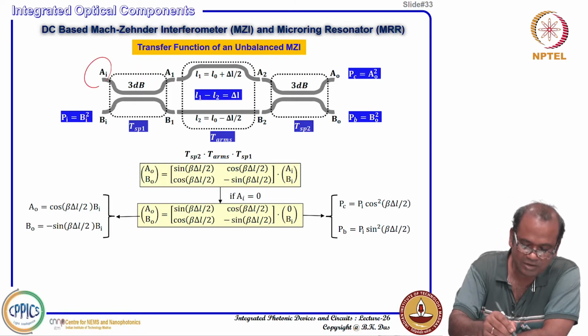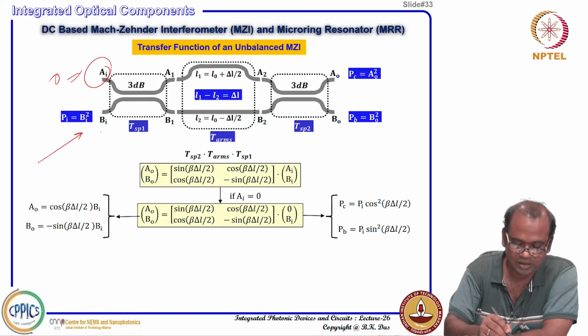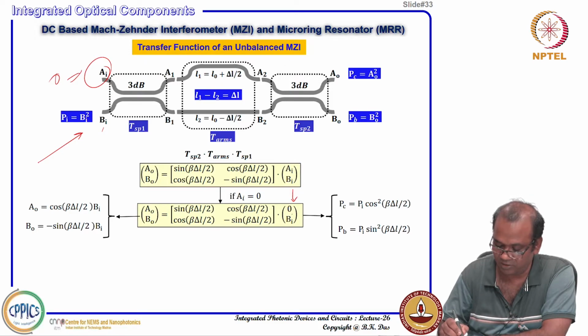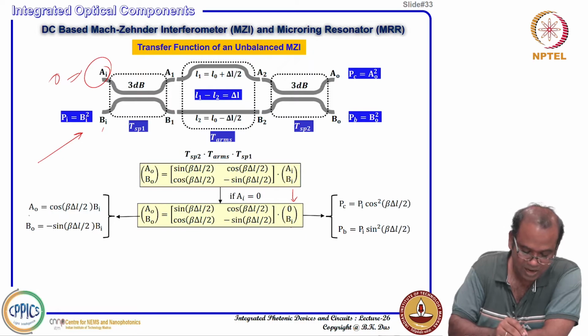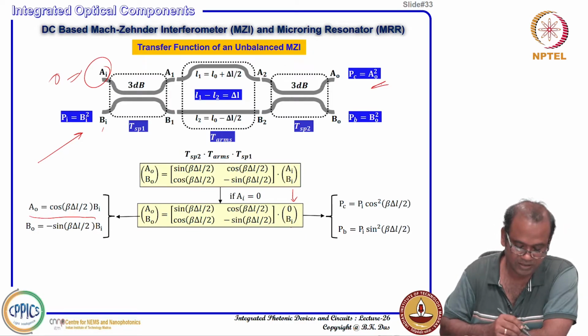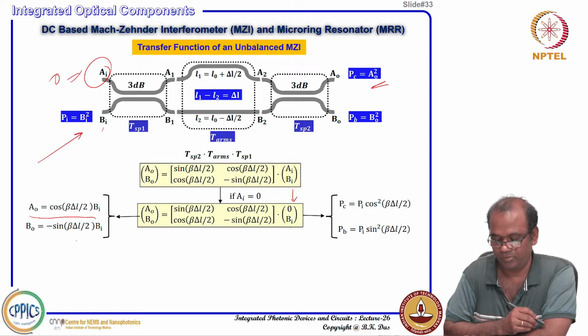Suppose AI is equal to 0. I am launching the entire input power at this port BI. Then this transfer matrix will convert like this: 0 for AI, and BI. In that case, at the output ports, A naught I will be getting here as a cosine function, and B naught I will be getting as minus sine function.